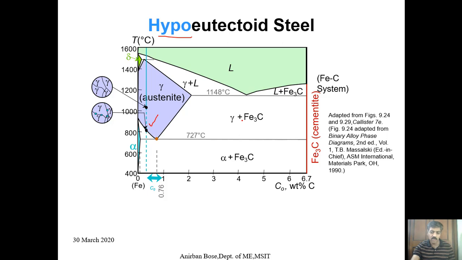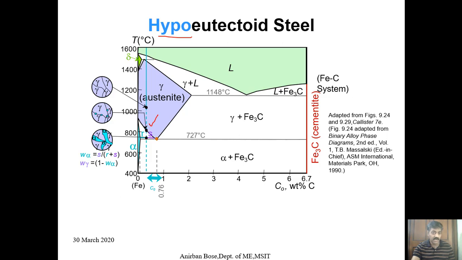So if you gradually go down, you see that around the grain boundaries a lot of alpha phase forms, and these are called pro-eutectoid alpha phase, because before coming to the eutectoid temperature, this much alpha phase has already formed. What are the remaining things? The remaining thing is austenite. So what is the composition of that austenite?